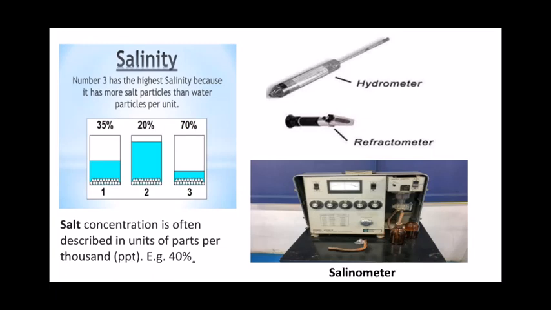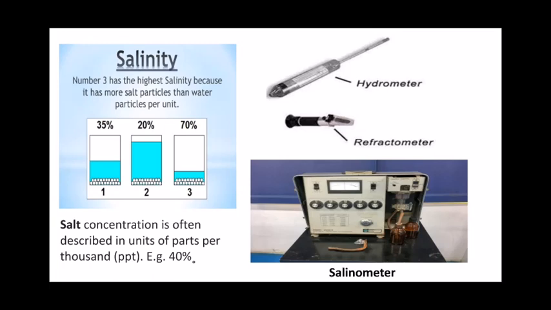So, the weight of this dissolved salt in water, in the ratio of parts per thousand of water, is called the salinity of seawater. That means the salt dissolved in the ocean water is measured according to parts per thousand.